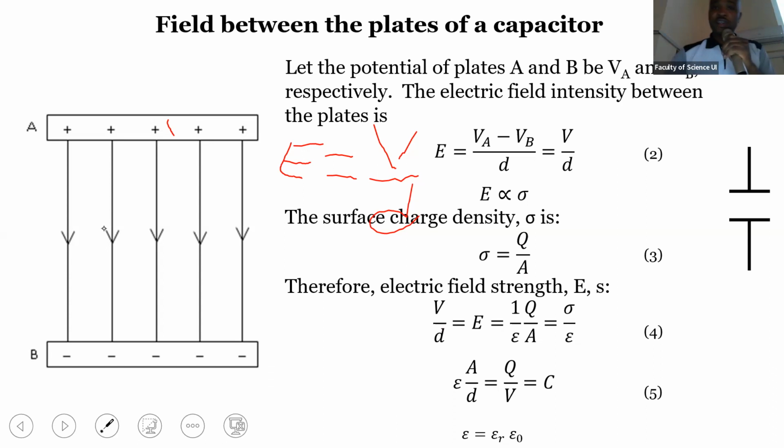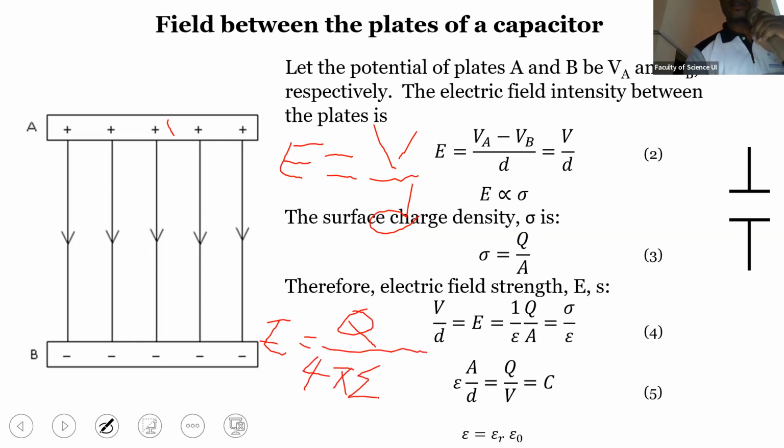Okay, I'm thinking of how to make that simpler. We know the electric field to be equal to Q over 4 pi epsilon naught R squared. 4 pi R squared is the surface area of a sphere.